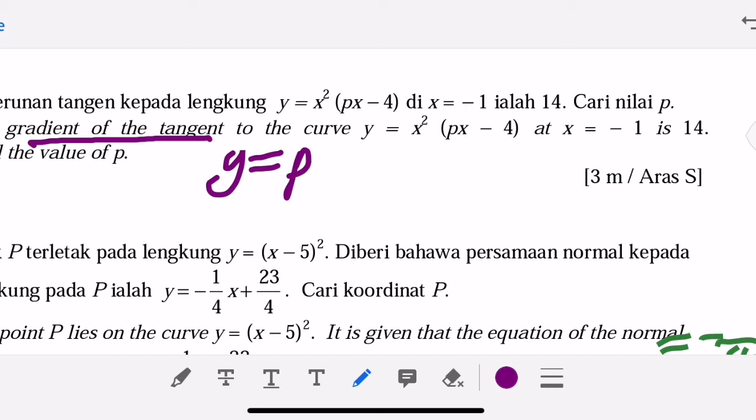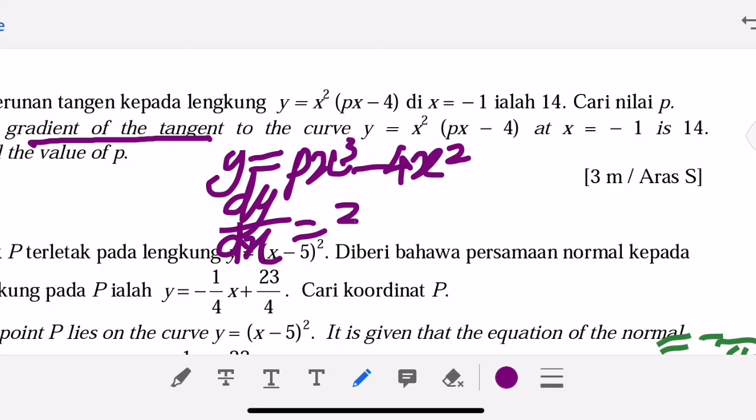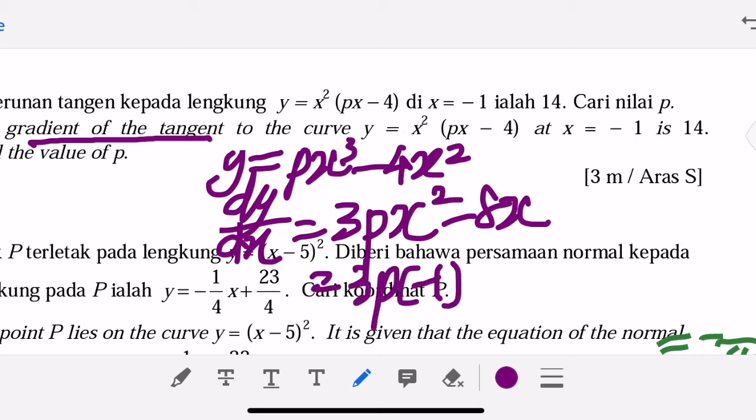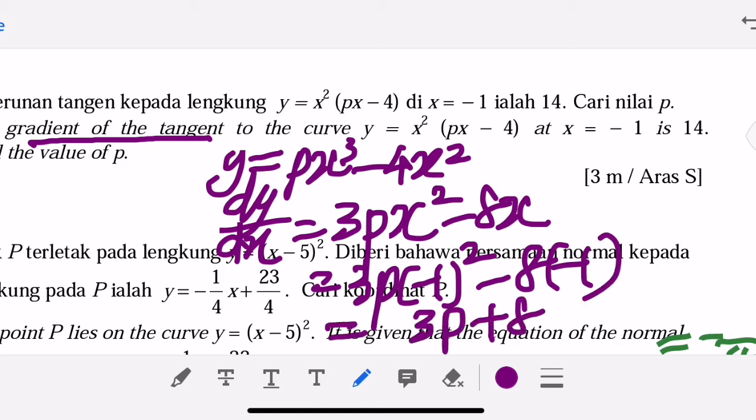So px cubed, let's expand first, then we do dy dx. Okay, 3px squared minus 8x, and we substitute x equal to negative 1, be careful. Negative 1 squared minus 8 times negative 1. So the answer is 3p plus 8, right? Is equal to 14. dy dx is the gradient of the tangent.